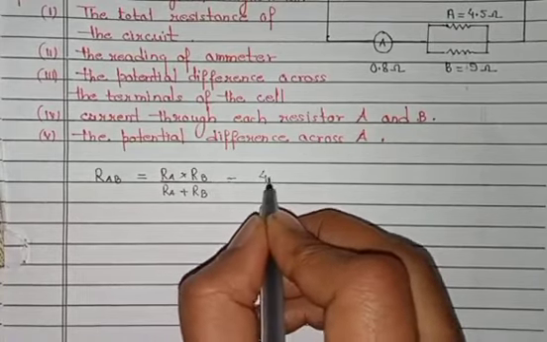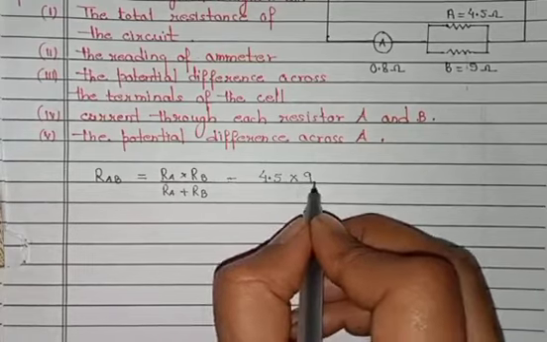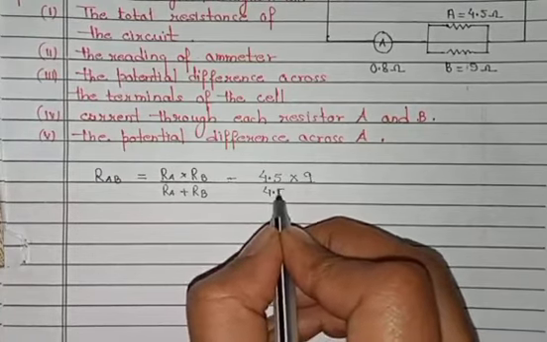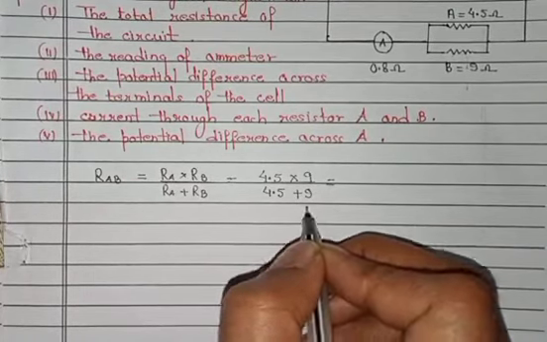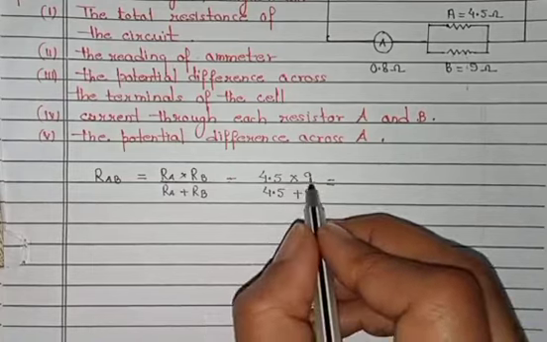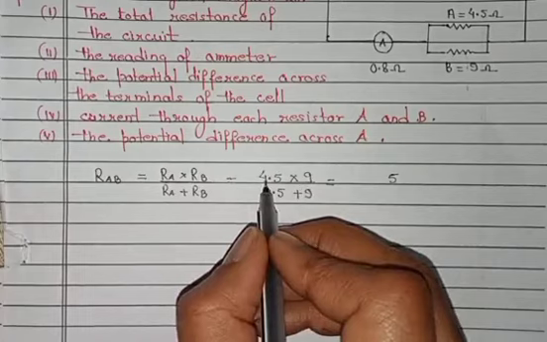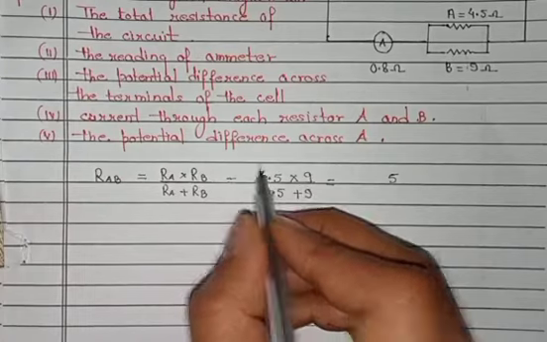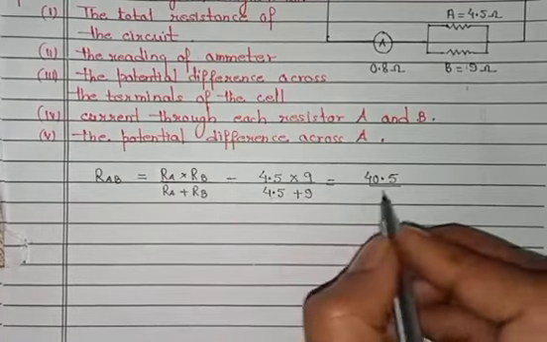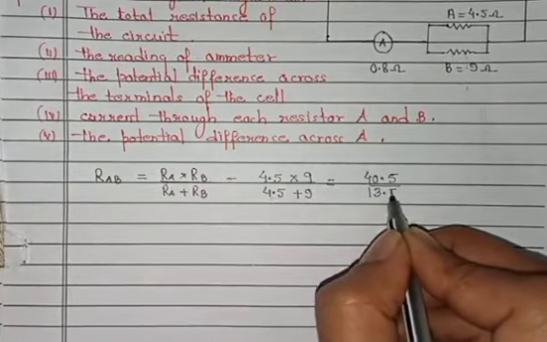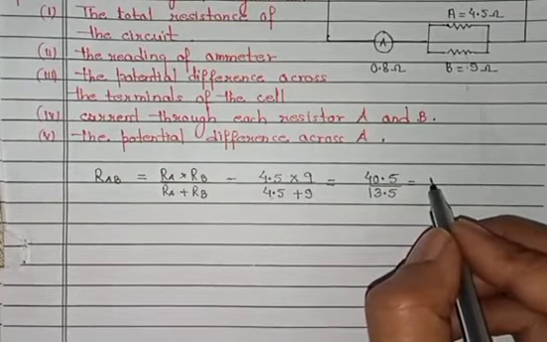One is 4.5, the other one is 9, upon 4.5 plus 9. So when you multiply it, you will be getting 9 5s are 45, carry over 4, 9 4s are 36, and 4 is 40.5. In the denominator place you are getting 13.5. So let's simplify it.